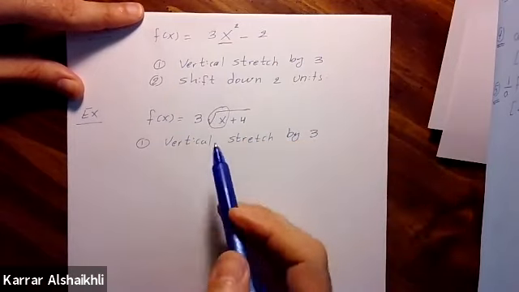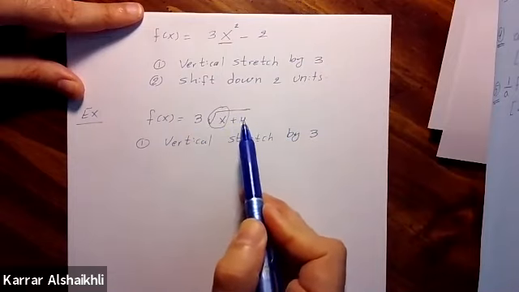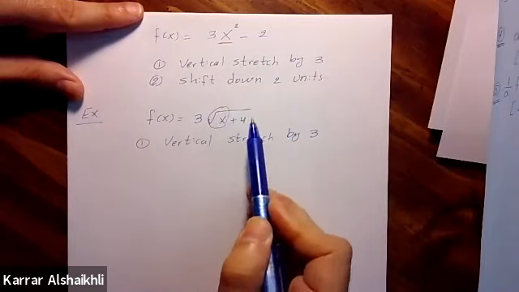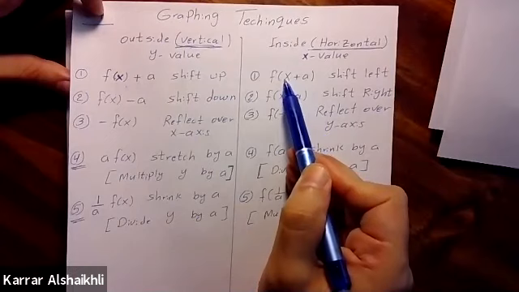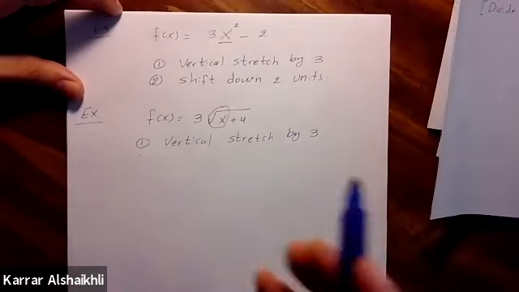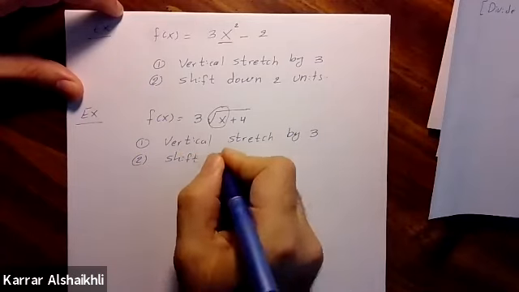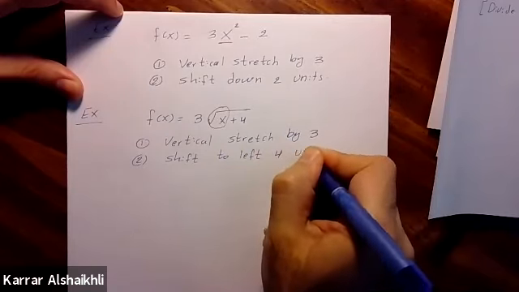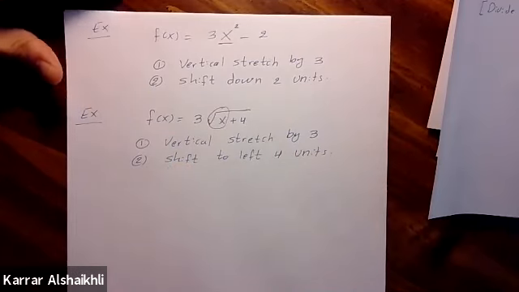Now, let's go to the second technique. We're done with this one. The second technique here, I have a number with the x inside the parent function, plus 4. So this technique is exactly like here. If we have a number with the x inside, it's going to be shift to the left. So the second technique here, shift to left. How many units? 4 units. 2 techniques, we're done with this example.